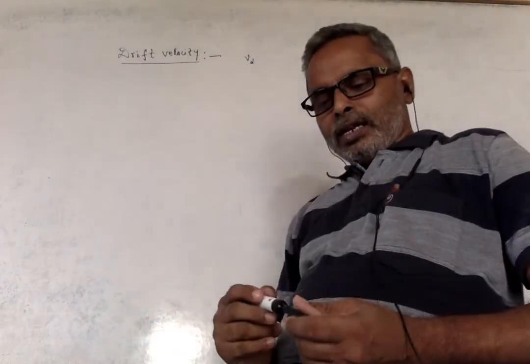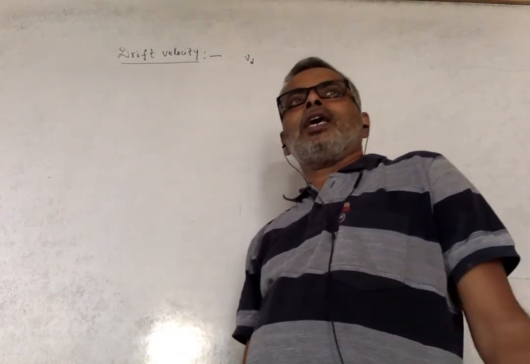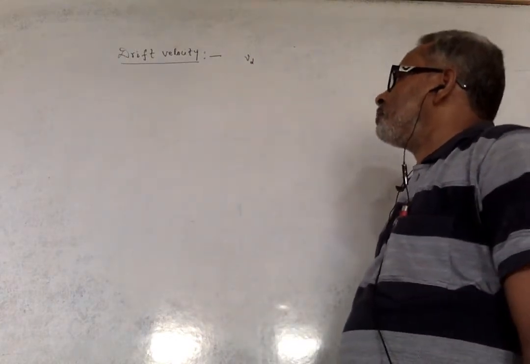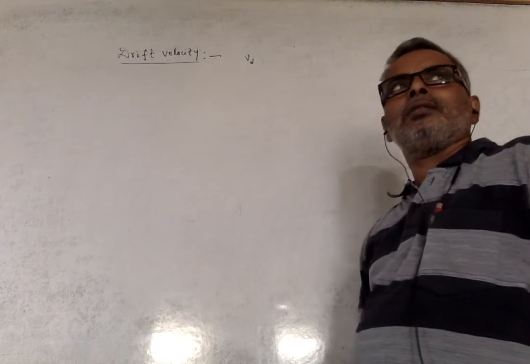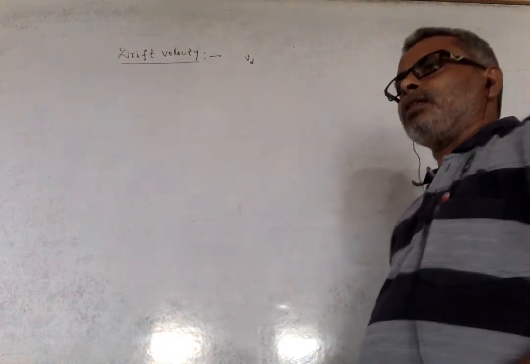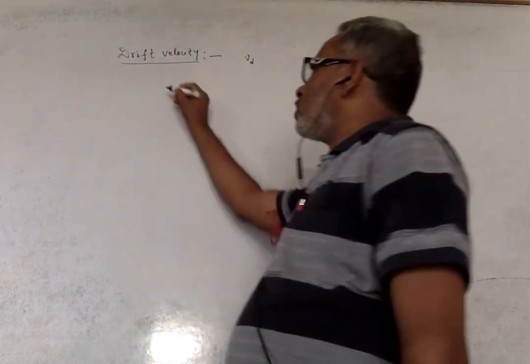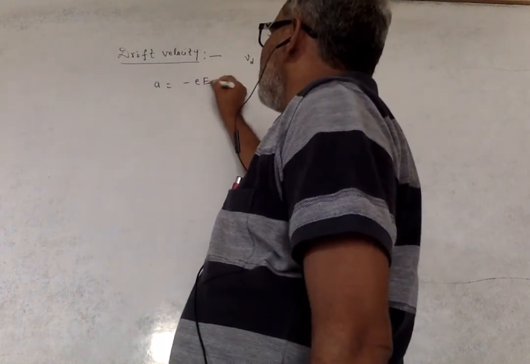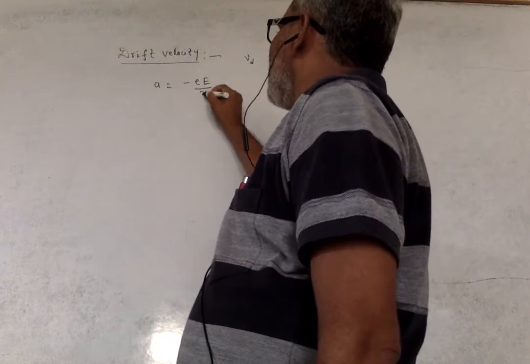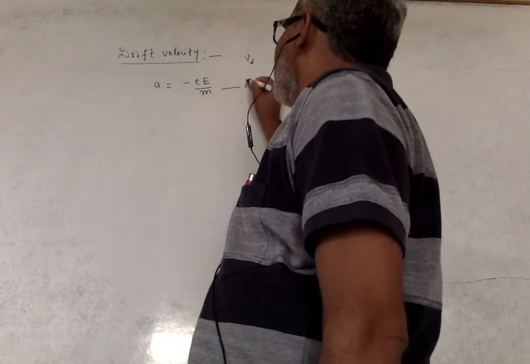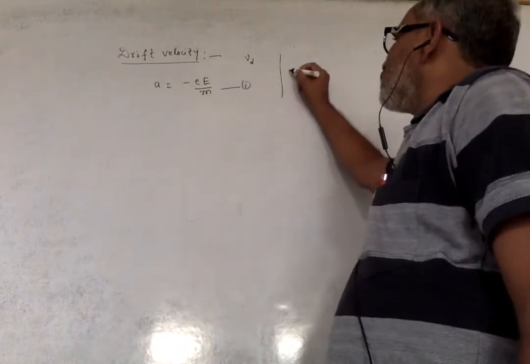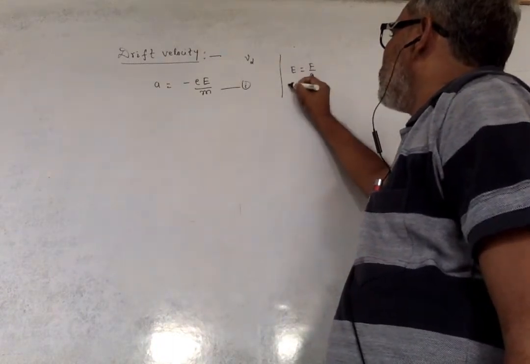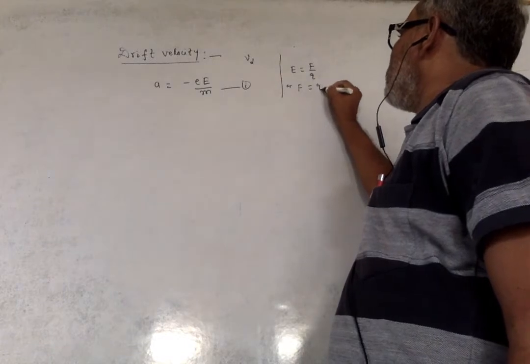Let an electron of mass m move through the conductor under the influence of an electric field E. Then the acceleration produced on the electron: we have E equal to F by q, or F equal to qE.